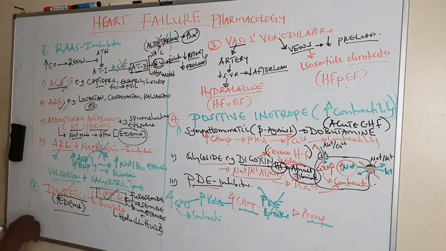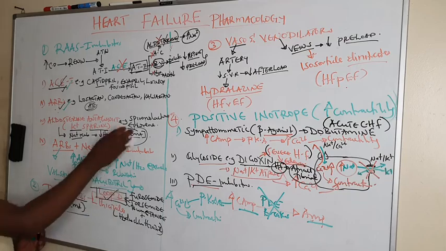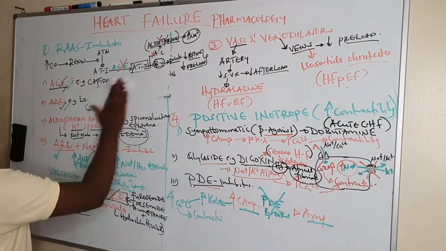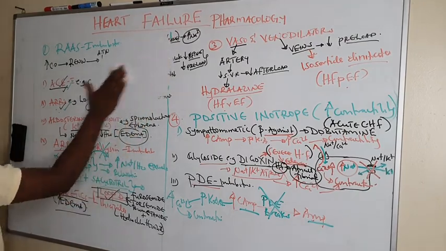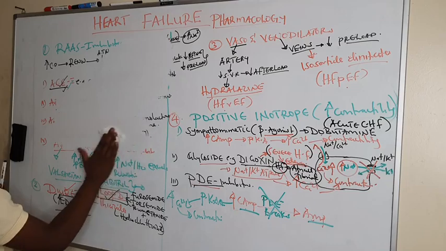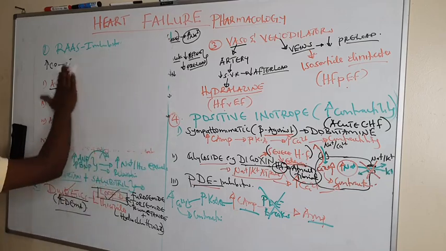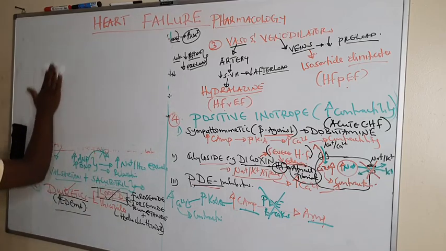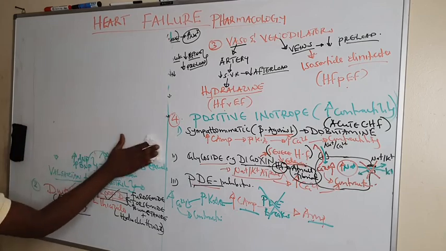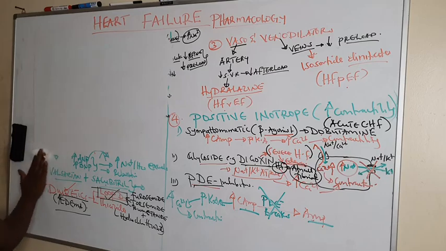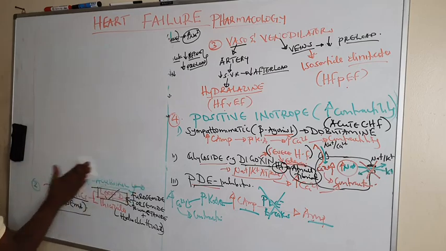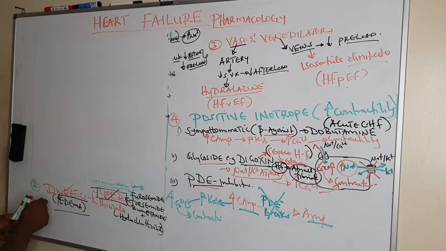The number 5 category we are going to look at in this session is the beta blockers. We are going to talk about the beta blockers.